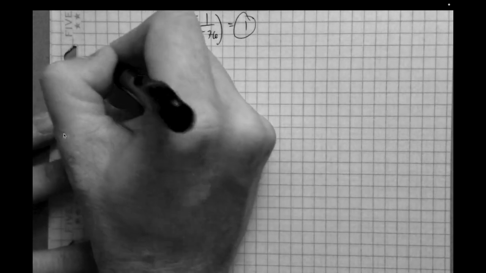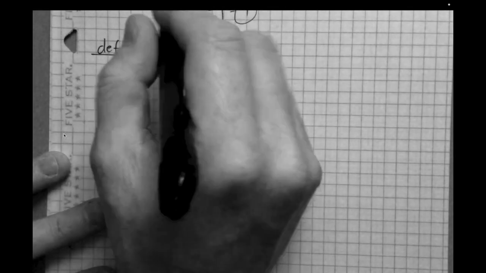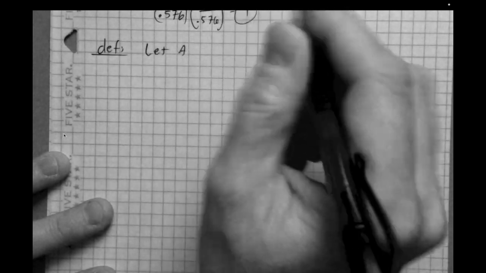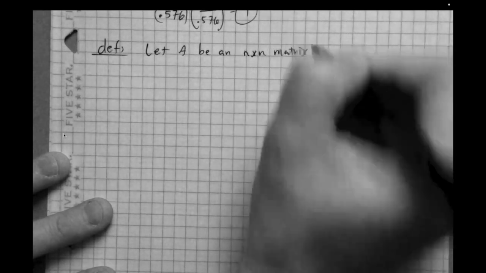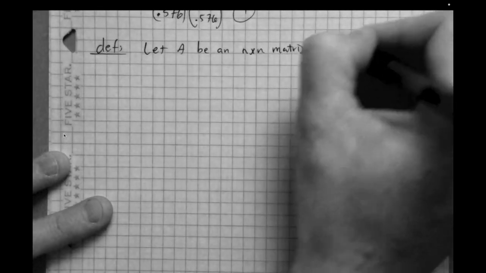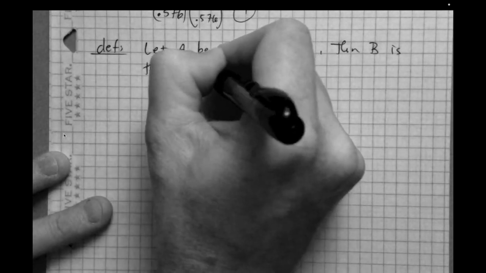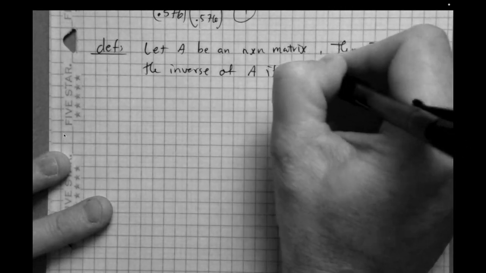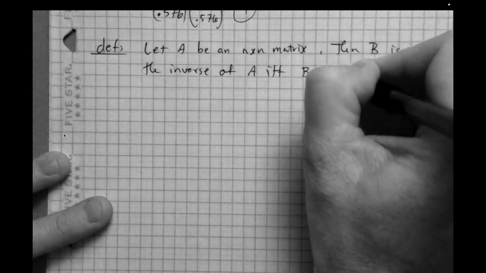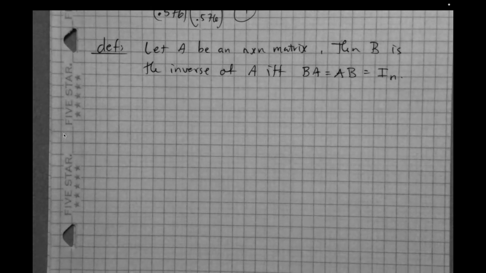Let's define it formally, which we sort of already have, but let's do it a little more formally. Let A be an n by n matrix. Then B is the inverse of A if and only if B times A equals A times B equals the identity, the n by n identity matrix.